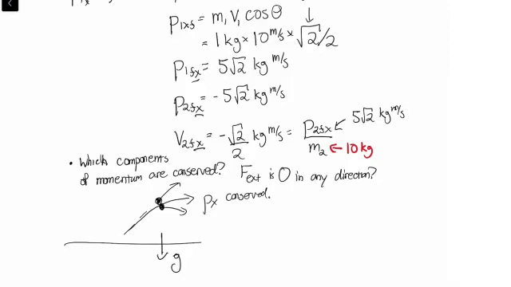Px is conserved. And at the moment of the collision, Py will be conserved because the change in momentum due to gravity is going to be small over a small time interval. But that we'll talk about later. Maybe by the end of the class, maybe in a couple weeks, we'll talk about rocket science if we have some extra time.